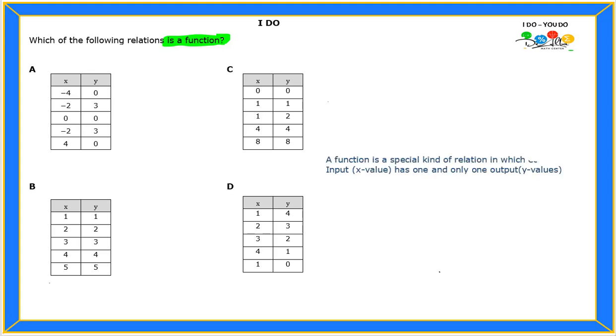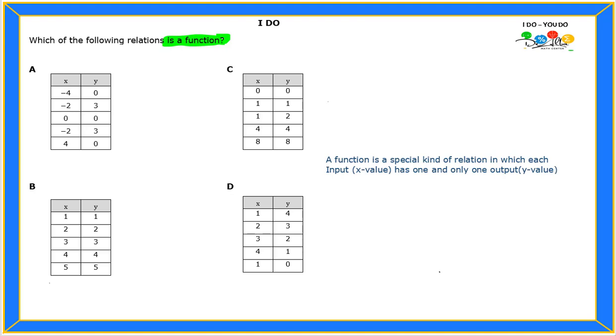It's very important that we know what implies, okay? So right here, I have the definition, so let's read it. It says a function is a special kind of relation in which each input x value has one and only one output y value.